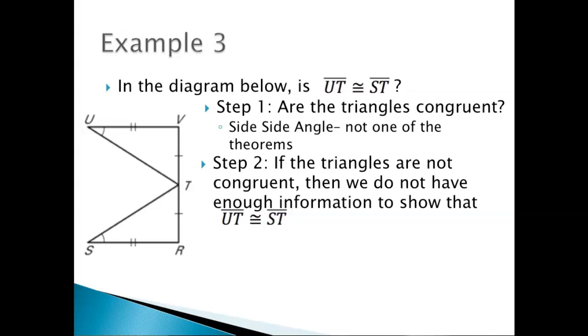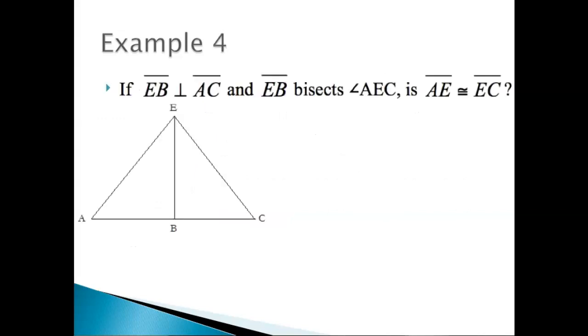Okay, example 4. If EB is perpendicular to AC and EB bisects angle AEC, is AE congruent to EC? Okay, let's use all this information that's given to us and put it into our diagram.